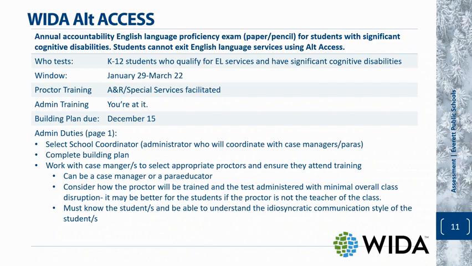A good proctor candidate is someone who knows the students and is aware of any idiosyncratic communication that the student might make. If the student has a disability that impacts their speech in some way, it may be that someone has specific knowledge of that student's speech and would be really helpful for giving that assessment. So think about that.